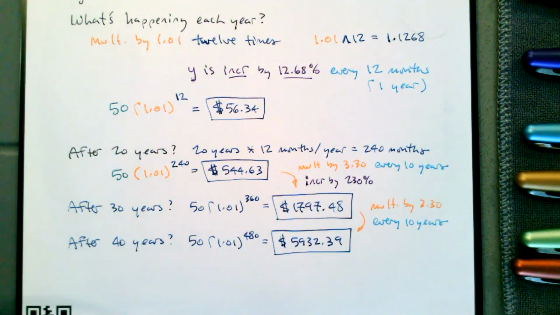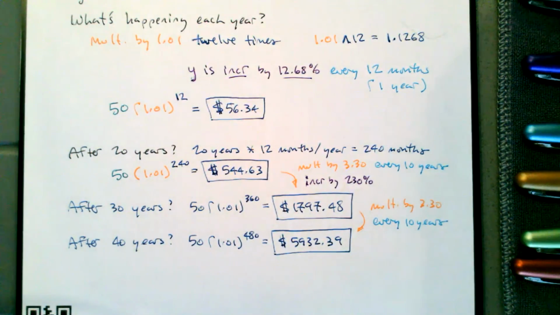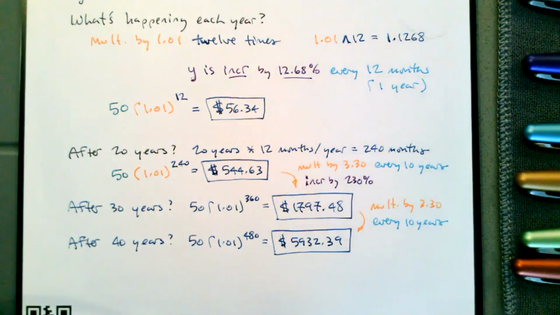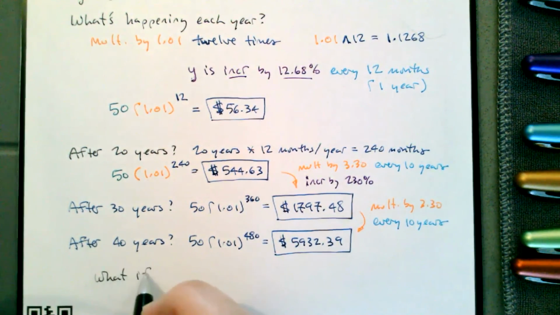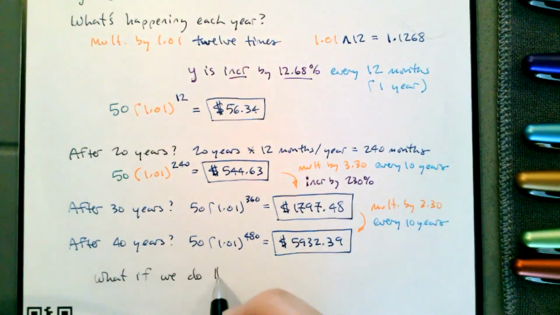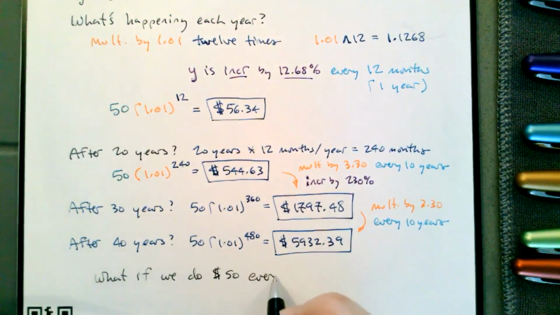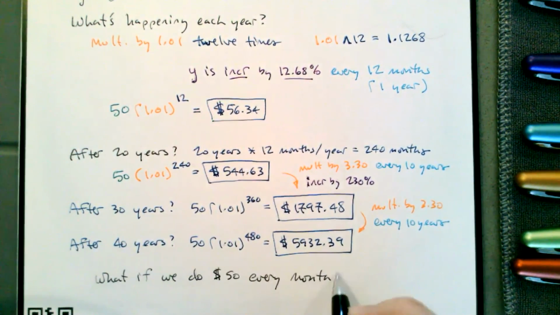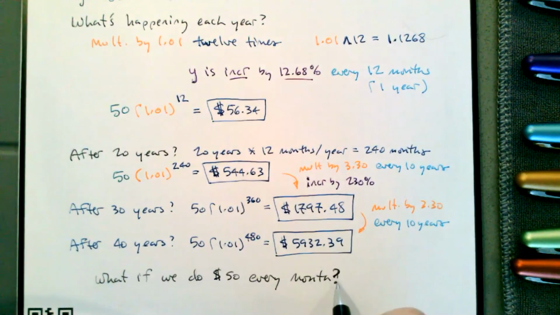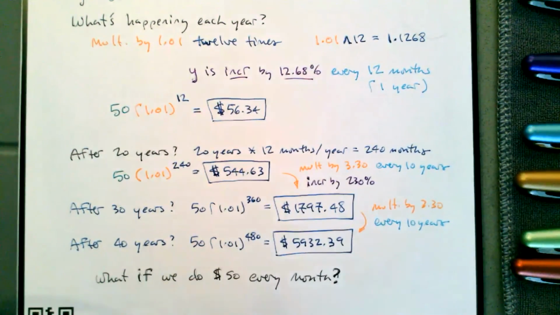At the beginning of this page, I said what happens when polynomials come into it. So what happens if instead of $50 once, we do $50 every month? What we want to do next is take this concept of simple interest that we're applying to a one-time input of $50.